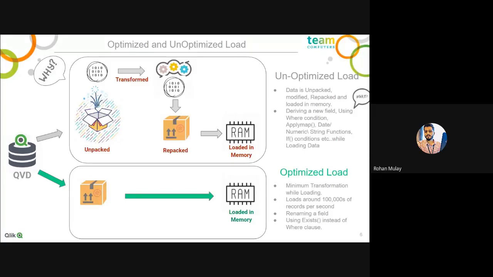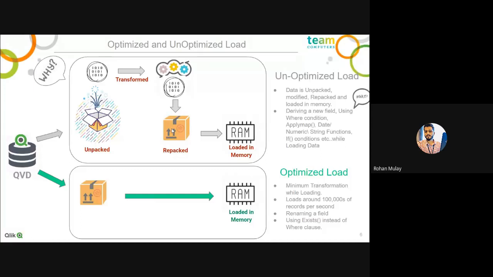Moving on to the unoptimized load, we can see here that whenever we apply if conditions, dates, string functions, what happens is that the data we fetch from QVD is unpacked. Why is it unpacked? Because it has to transform that data, it has to apply those functions, it has to apply that where condition. So that data is unpacked, then transformed, the functions are applied, and then it is repacked again.